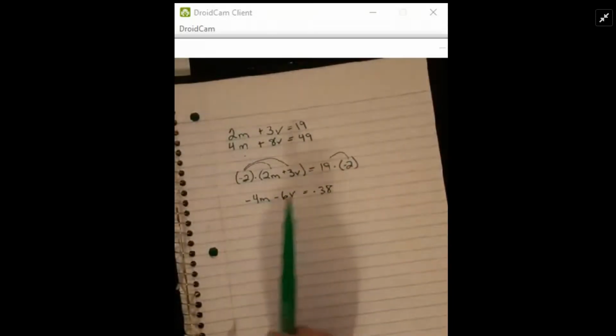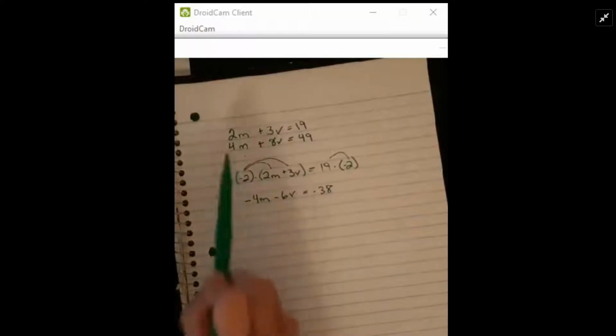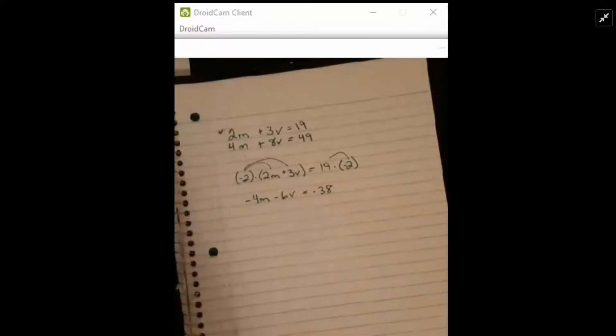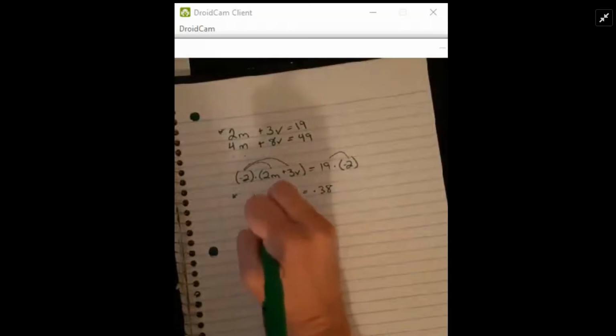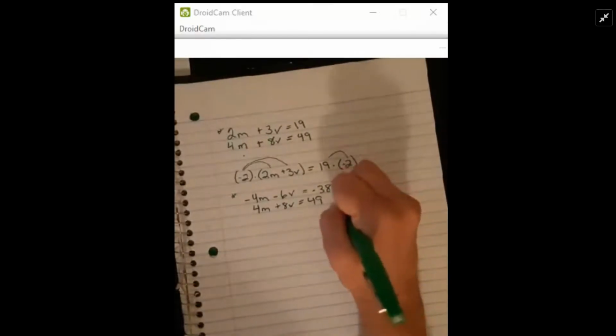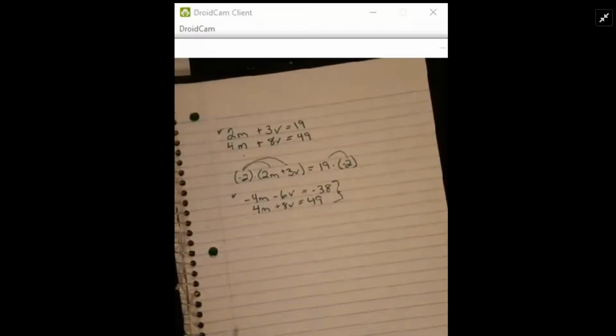Okay, so now you can see we have negative 4m, which is the opposite of 4m. So we've essentially changed this equation to this new equation. So I'm going to put it together with my second equation, which is 4m plus 8v equals 49. So now I have these 2 simultaneous equations that I can put together.